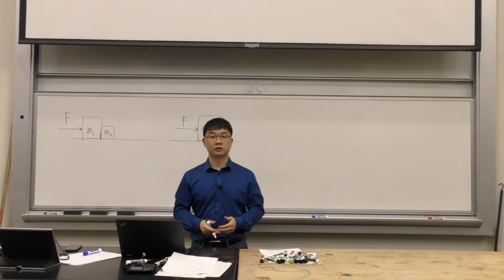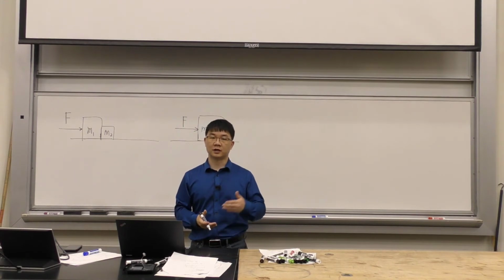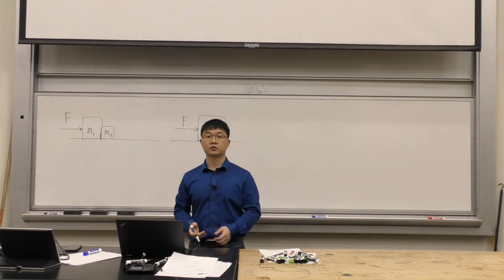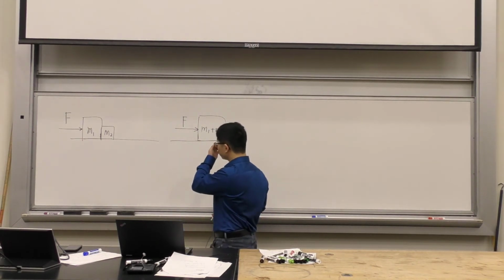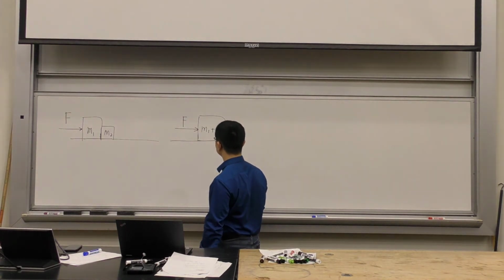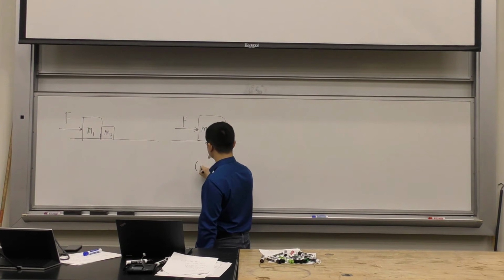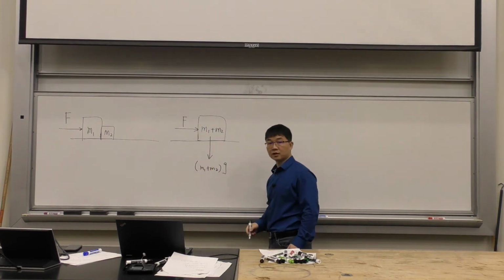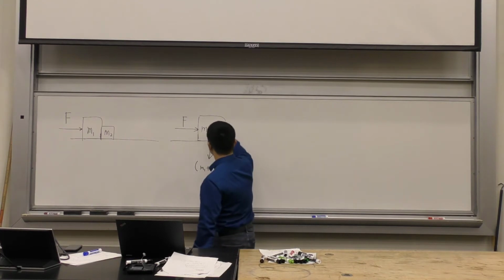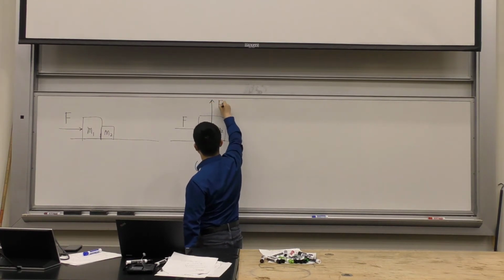Well, I can use Newton's second law, right? Because Newton's second law connects force and acceleration, okay? So if I use Newton's second law, I would draw all the forces on this object, right? Gravity is down, so that's (m1 plus m2) g, mass times 9.8. Now normal force up.